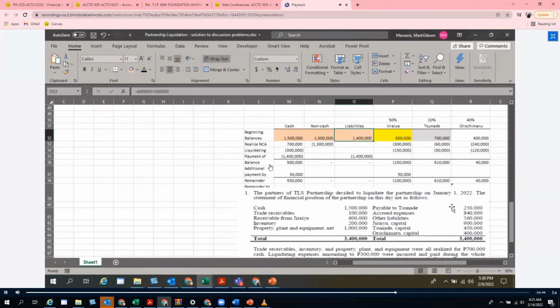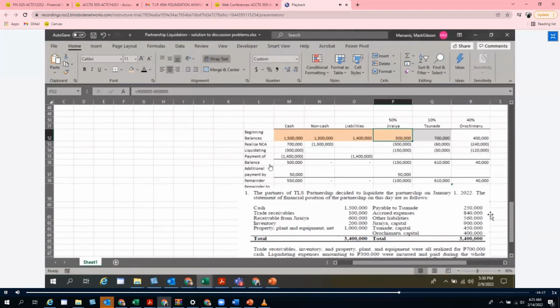Now, for Jairaya, remember, we have 900,000 pesos capital. But then the partnership has a receivable from Jairaya. We have a loan to Jairaya amounting to 600,000 pesos. In that case, we have to deduct it from Jairaya's capital, so we get 300,000 pesos. Now, let's go to Tsunade.